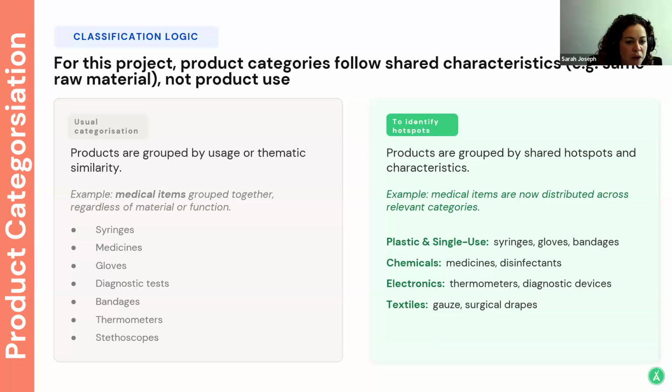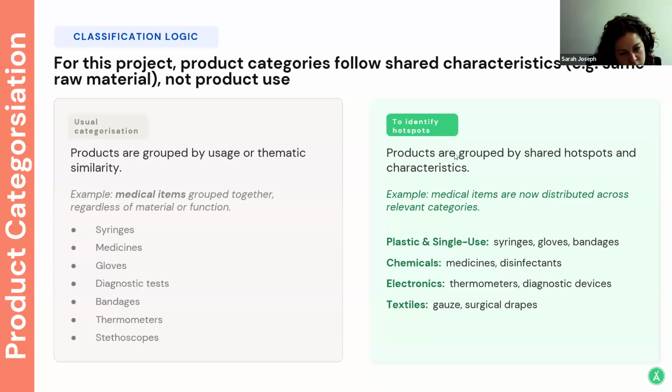Probably the environmental impacts of a syringe are quite different from a pharmaceutical, for example, or a thermometer. Imagine you're a procurement officer and you want to purchase something that you think is more sustainable. It would be very hard to apply a general medical environmental impact hotspot. That doesn't really work because these items are very different.